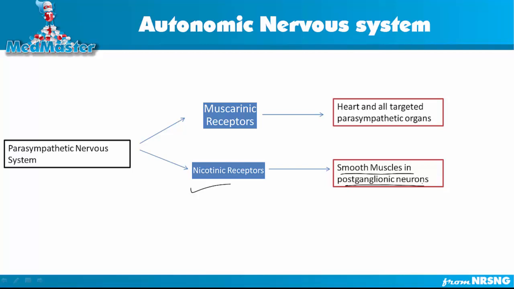That's it. They're not in the heart, kidneys, or anywhere. While most of the parasympathetic nervous system receptors are muscarinic receptors, like in the heart and all the targeted parasympathetic organs. So this one's a little bit easier to remember compared to the sympathetic, which has 4 receptors: alpha 1, alpha 2, beta 1, and beta 2.